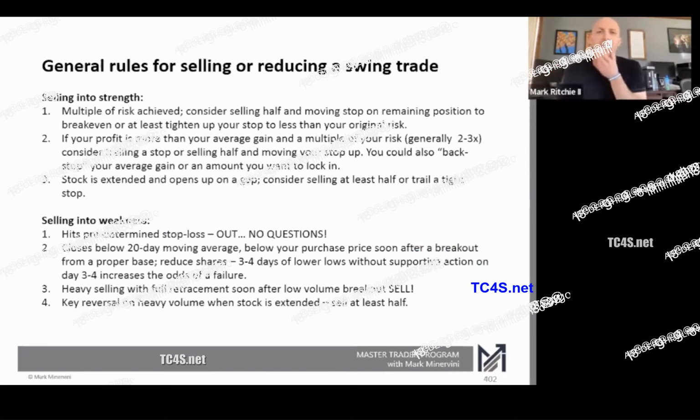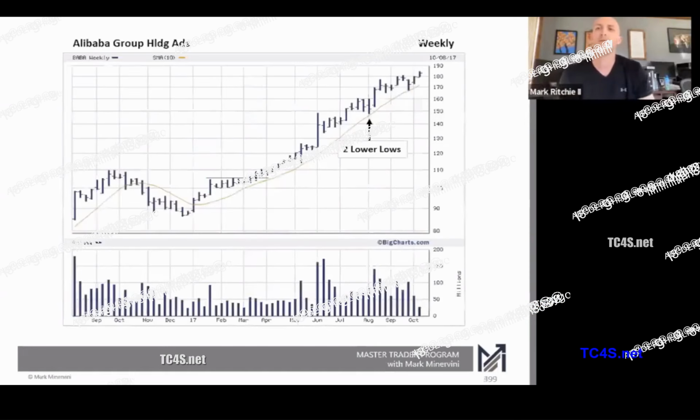And I just wanted to highlight, though, that the Alibaba example is a really good one, because we're giving you a lot of different tools, guys. And the key is to know how and when to use these tools. So we've got all these different entry techniques. Well, this was one particular one where, I think in the first Master Trader program, we didn't even have the 2 lower lows.